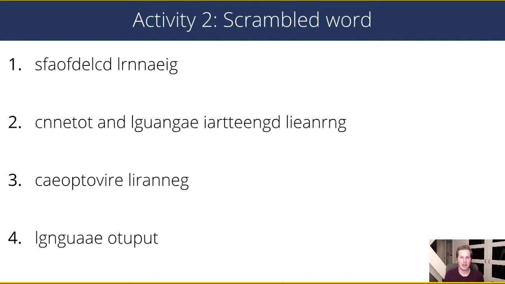So I will give you the answers now, otherwise this takes too long. So the first one is scaffolded learning, the second one content and language integrated learning, the third one cooperative learning, and the last one, language output. All of these things obviously having to do with CLIL.